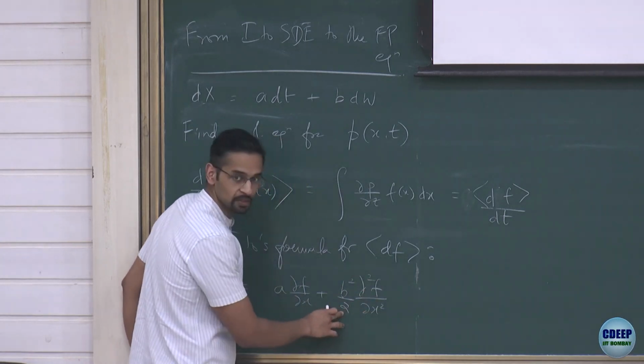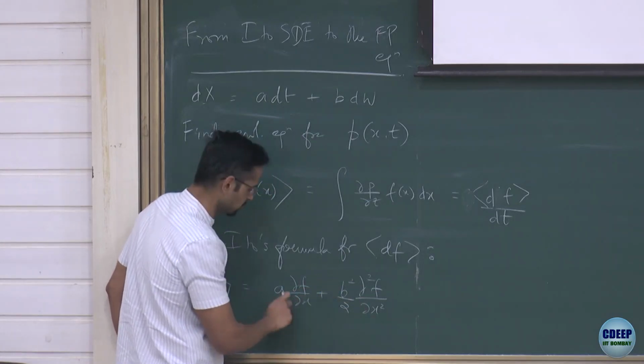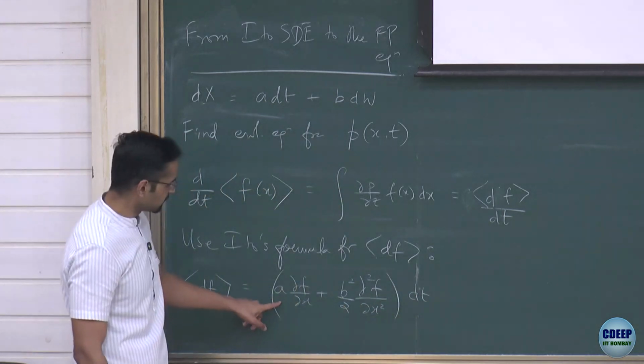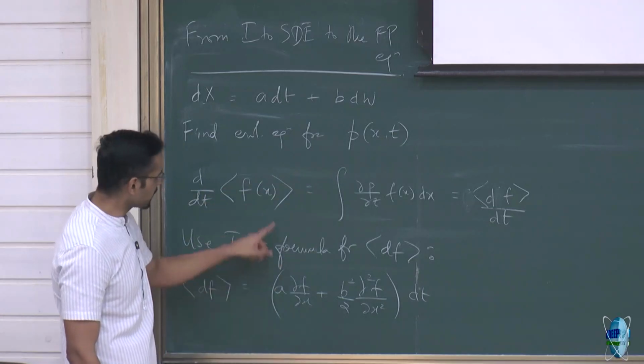By 2 is there or no? Right? So it's all of this into dt, correct? So you'll remember that f is not a function of t. Right? My f is not a function of t, right?